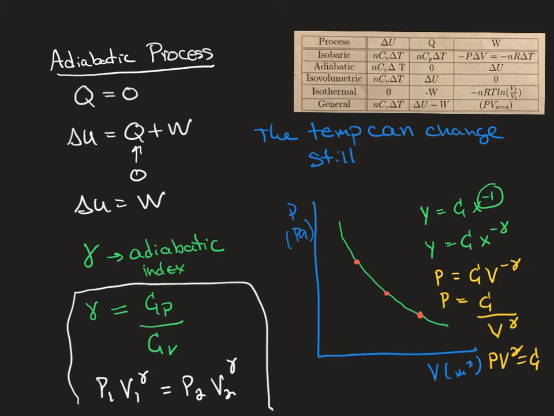So if you have an adiabatic process and you know something about the initial pressure and volume, you can use this relationship to find either the pressure or the volume at another point in the change of the gas, depending upon what you're given in the problem. But this relationship only applies to an adiabatic process. And how you know that is it contains the adiabatic index.